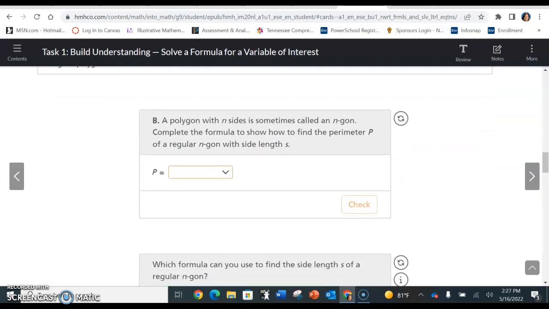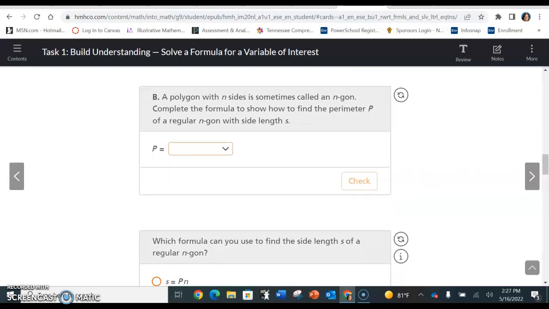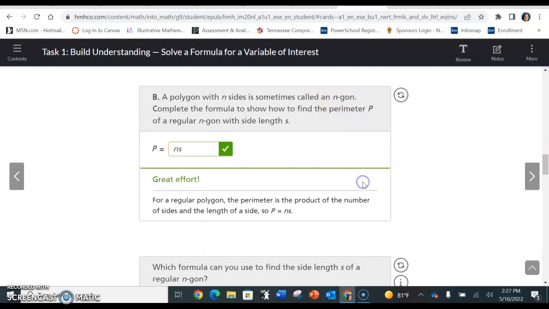It says a polygon with n sides is sometimes called an n-gon. Complete the formula to show how to find the perimeter P of a regular n-gon with side length S. So you would have the number of sides n times S for your n-gon.